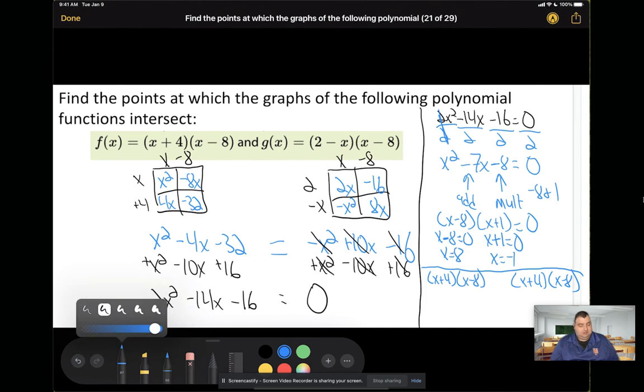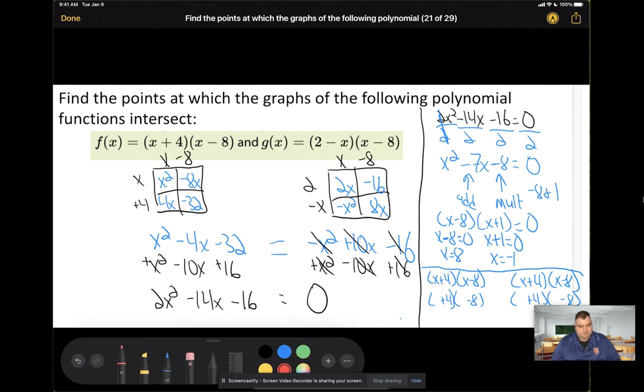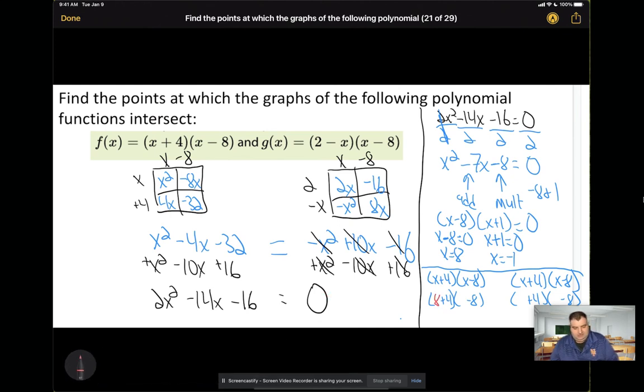So I'm going to plug in 8 for x, and I'm going to plug in negative 1 for x.